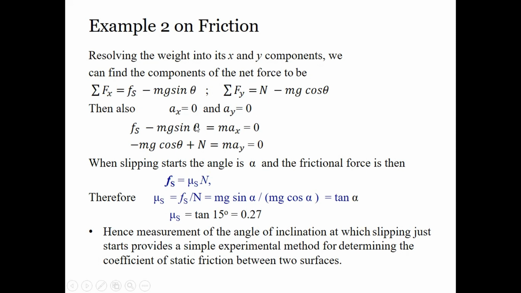When there is no motion and no acceleration, ax equals 0, ay equals 0, just before the motion, and we balance, then from the first equation we find that Fs is equal to mu s times N, the static coefficient of friction multiplied by the normal force.